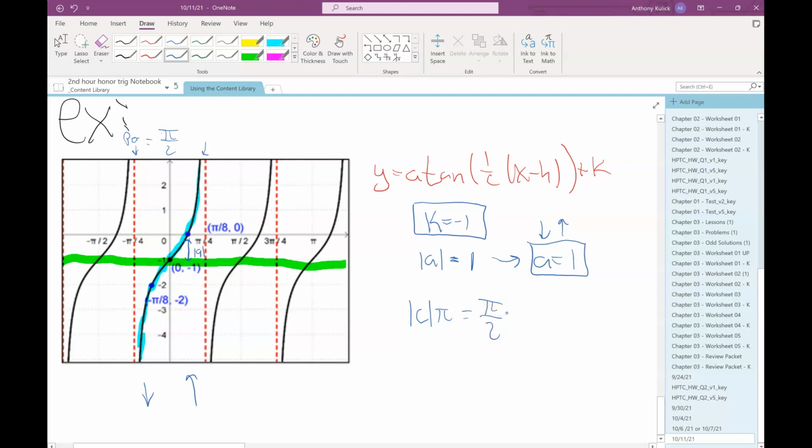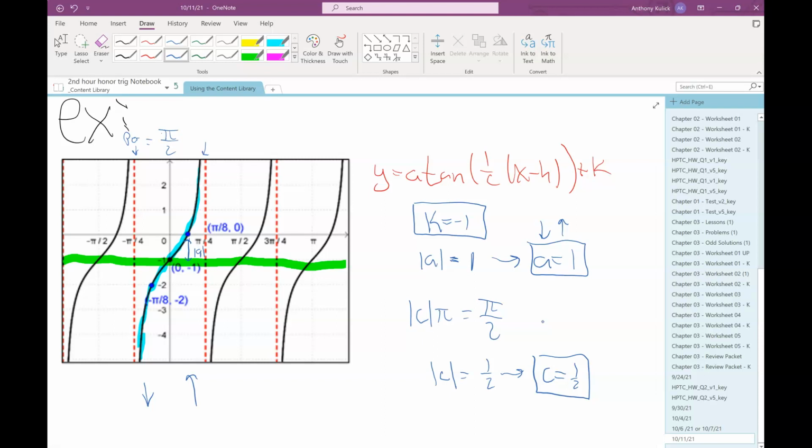Remember, the period is different for tangent than from sine and cosine. It's not 2 pi, it's just 1 pi. So I multiply both sides by 1 over pi to get the c by itself. It's 1/2, and like before, we'll always assume the c to be positive.